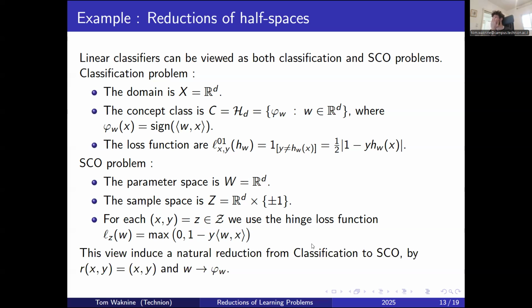Then you get a very natural reduction: Z is already X cross plus-minus 1, so you can just use the identity function that sends (x, y) to (x, y), and transform parameters W to functions in the obvious way, W goes to phi of W, since the functions are already parameterized by W. You can check that this turns out to be a reduction under our formal definition.